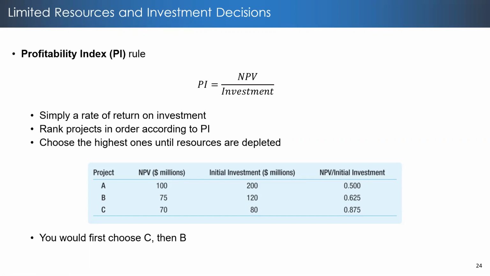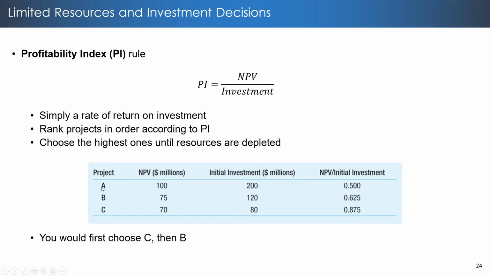We have a budget of $200 million. After we take project C, there is a residual of $120 million in our budget pool, which exactly allows us to take the second highest project, which is project B. So we exhaust our $200 million by taking both B and C together.